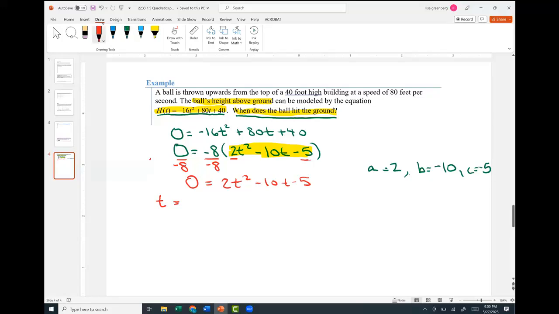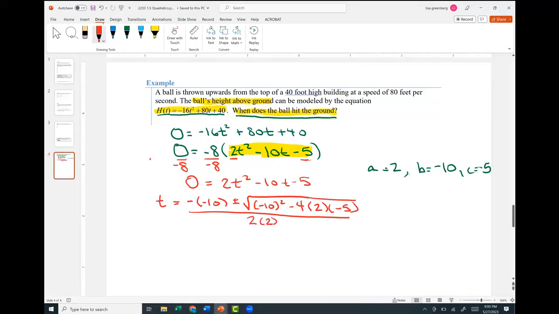So I have negative b plus or minus the square root of b squared minus 4 times a times c, divided by 2 times a.